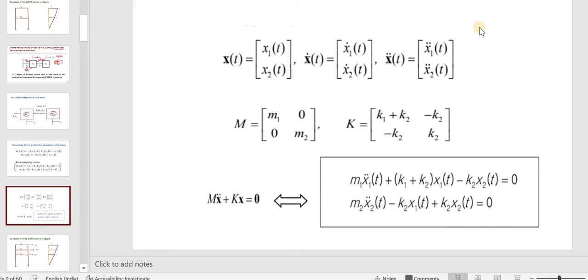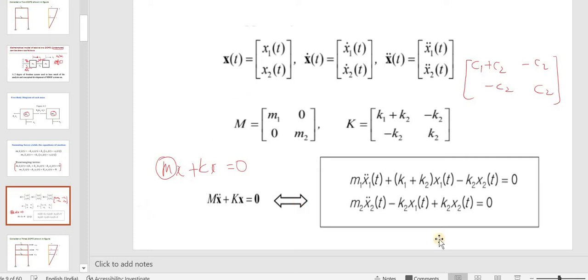This equation can be converted into a matrix form, that is m x double dot plus k x is equal to 0, where m is the matrix m1 0 0 m2, and k is k1 plus k2, minus k2, minus k2, k2. And if damping was there, c would also be there, it will be like this: c1 plus c2, minus c2, minus c2, c2. Okay, that will be the only change that will be happening.